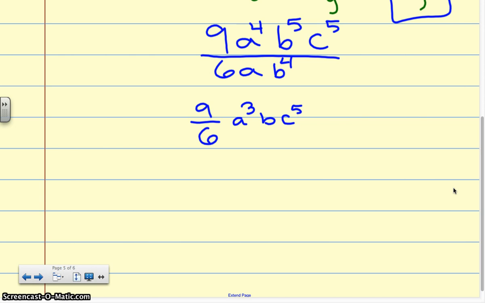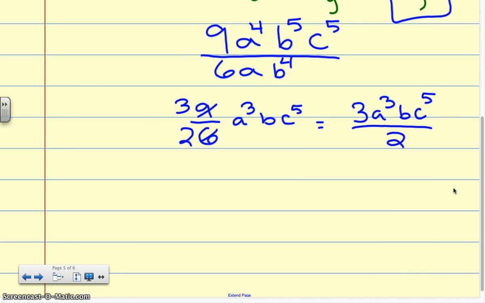I don't really want you to do that. I want you to write that as, well, first off, both of them share a factor of 3. I want you to write it as 3a cubed b c to the 5th all over 2. That's how I want you to write it. I want you to write it like this because the MCAs will be written this way. Okay?